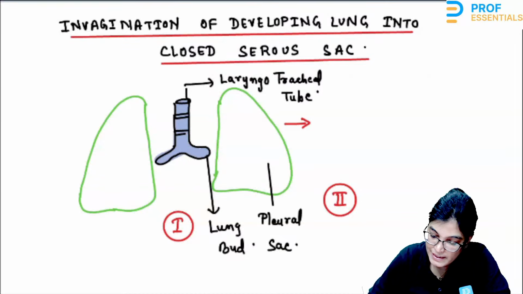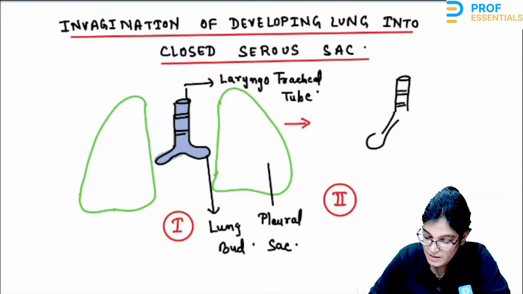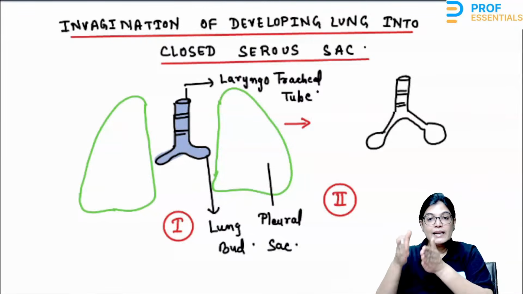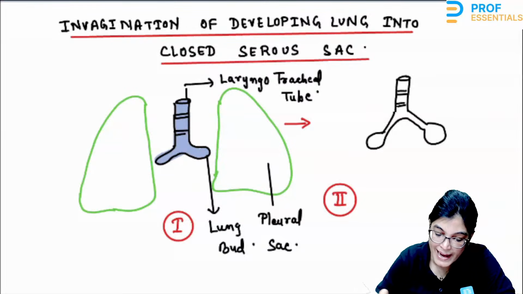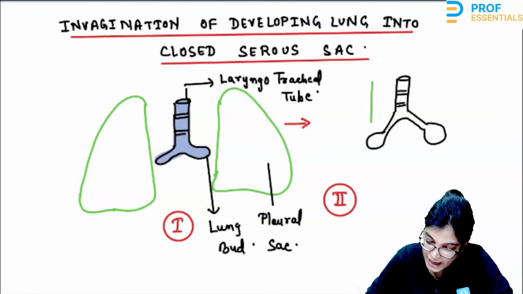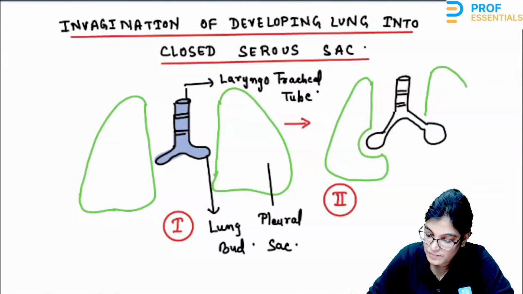Now I will make a second stage in which the lung bud will enlarge. This enlargement happens from the medial side, and it will invaginate into the serous sac. You can see this is exactly how the invagination happens.